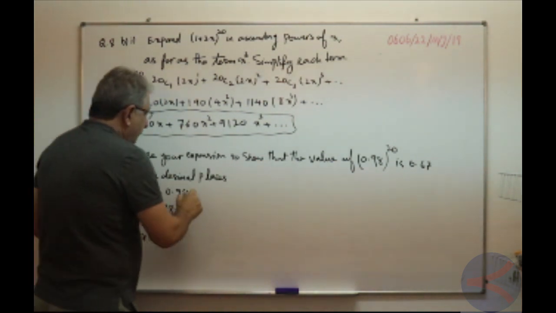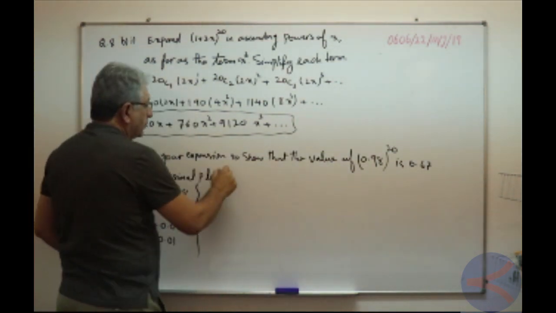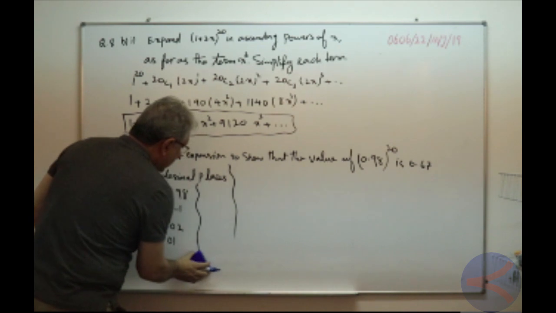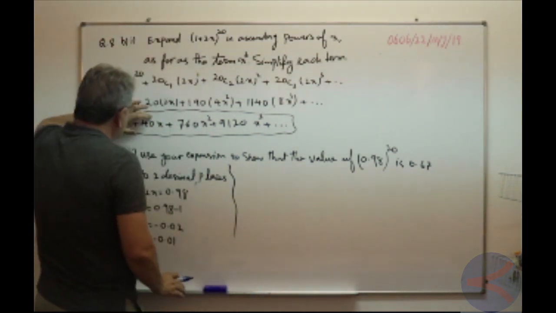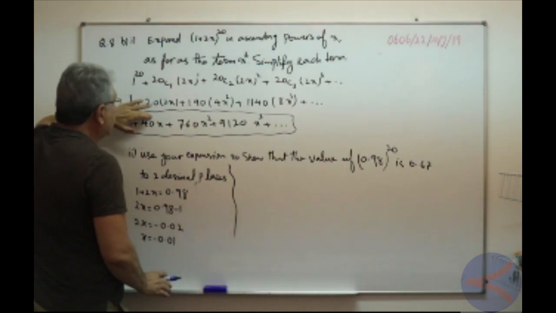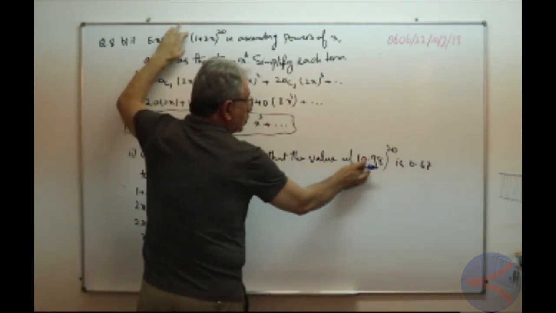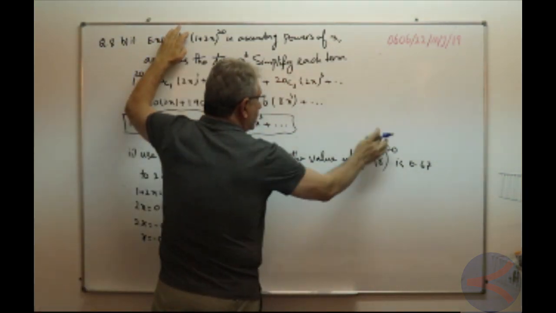That means if we substitute this value in this expression, which is equal to this expression, on this side we are going to get 0.98 to the power of 20.